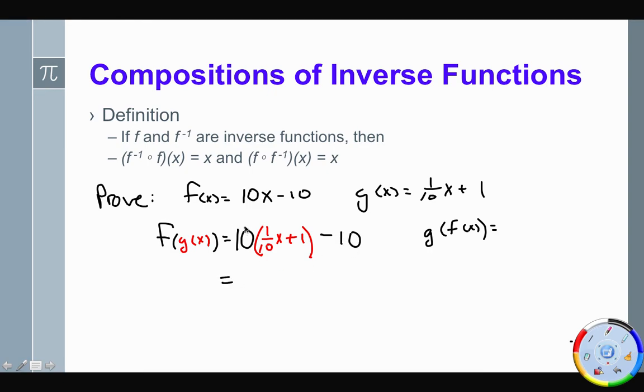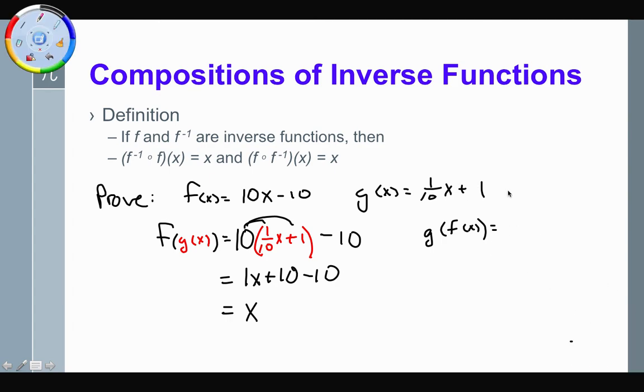And I'm going to simplify. If I distribute this 10, I get 10 times a 10th, which is just 1. I get 10 times 1, which is 10, minus 10, and those 10s go away, and I get the value of x. So I'm halfway done. I have shown that the composition of f of g of x is x, and if the other one comes out to x, then I will be done.